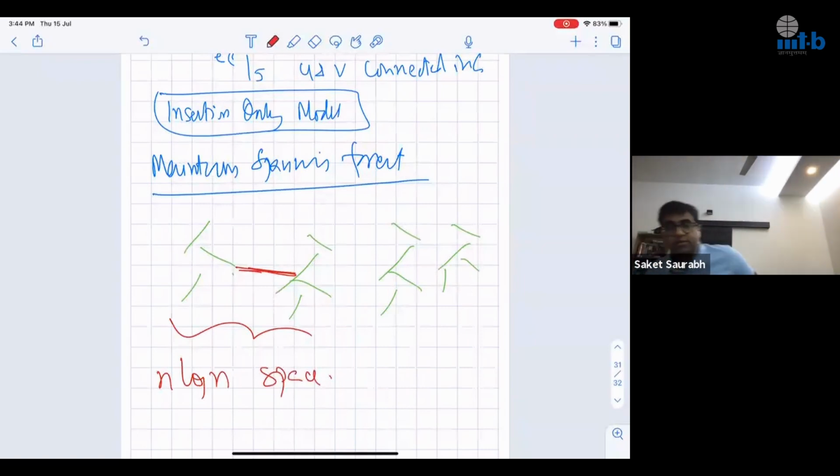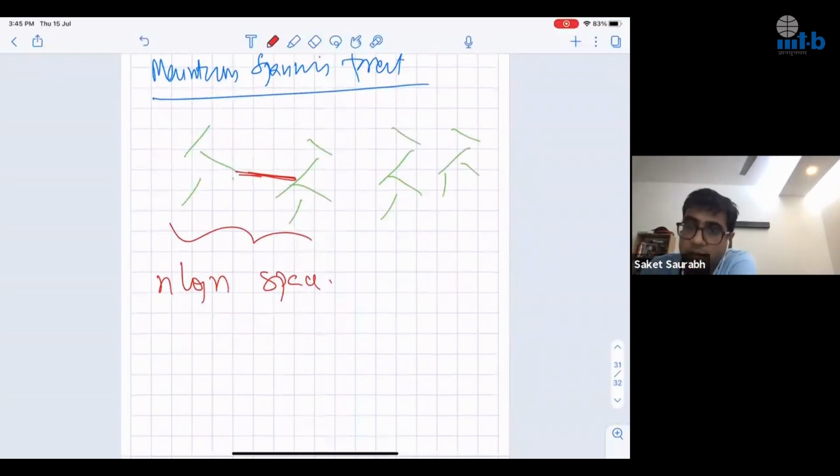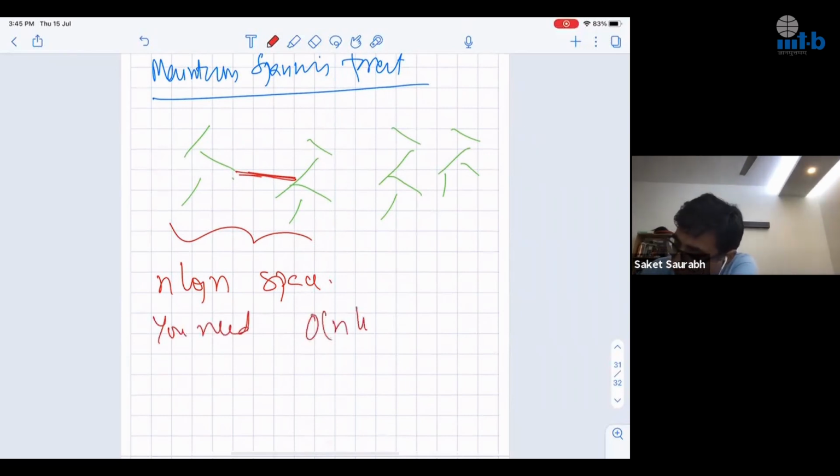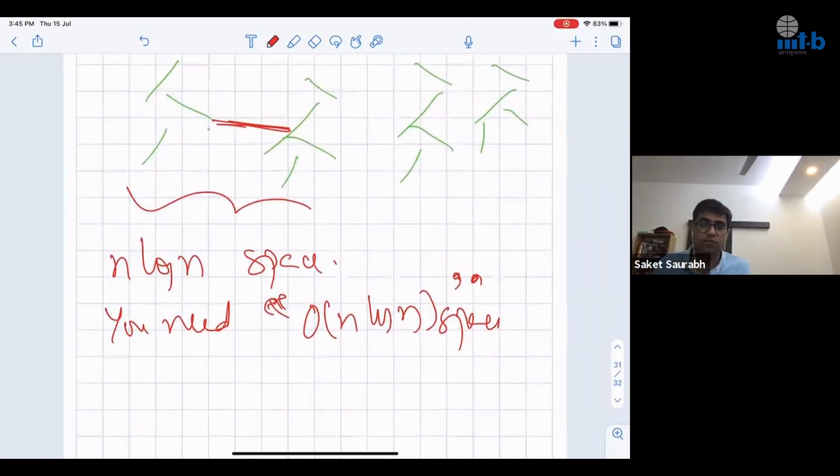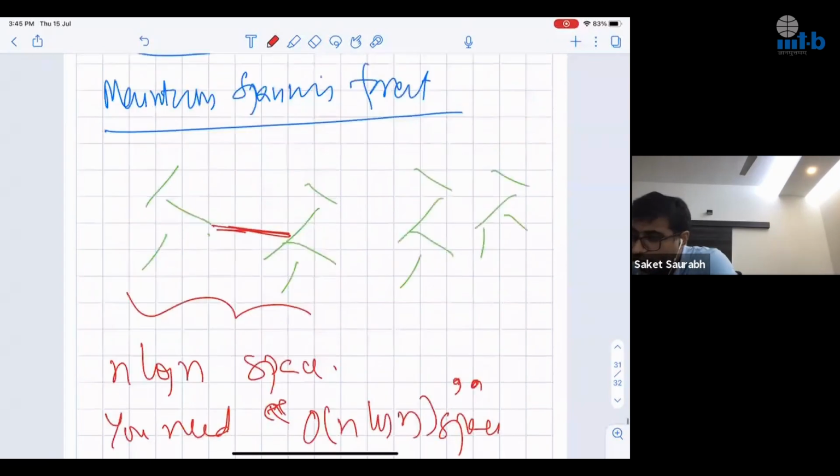Okay, good. So is this clear? It was simple. And actually we can prove that you need big O of n log n space. You cannot do much better. Let me put that in quotes. So in some sense, this simple algorithm is also the optimal algorithm for the problem under consideration.